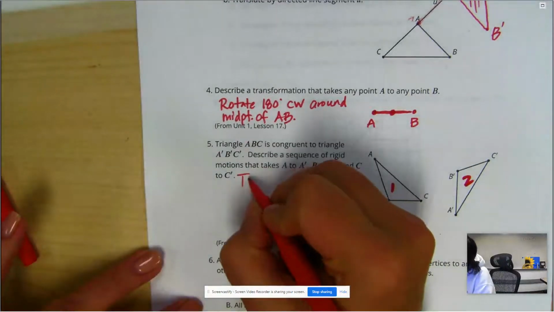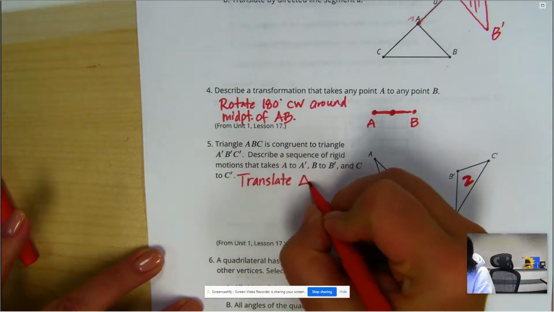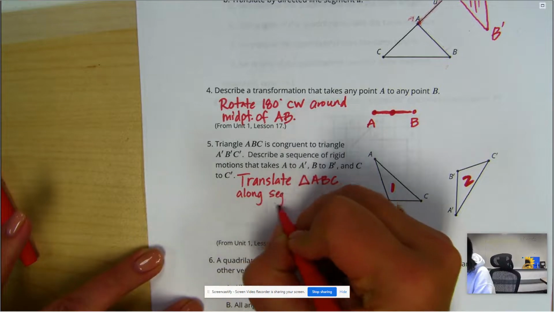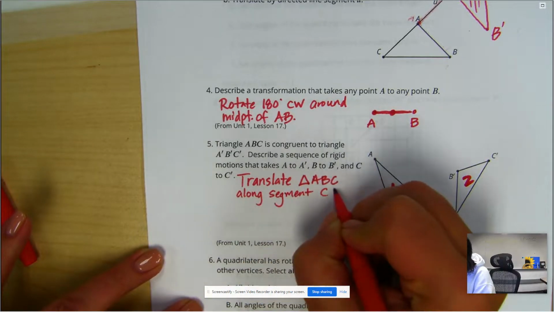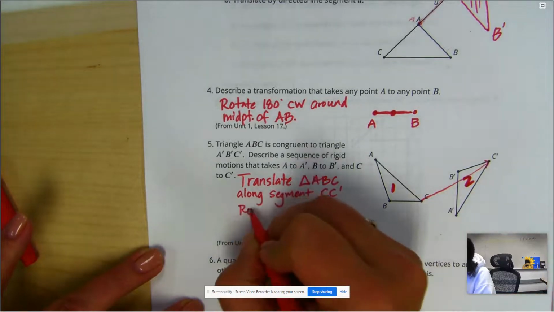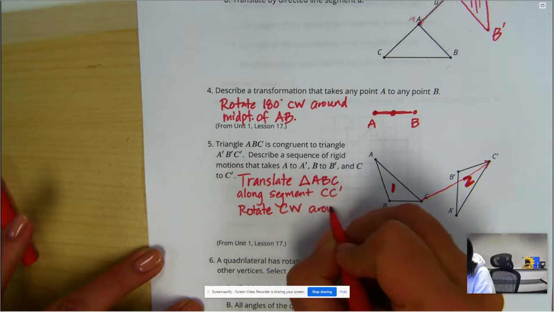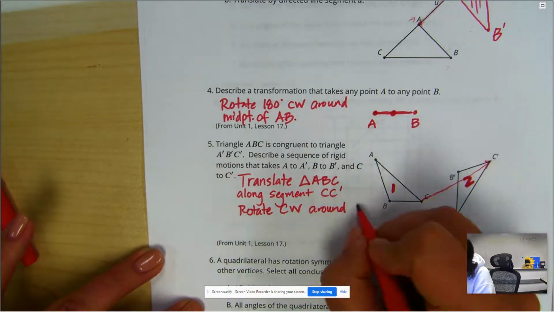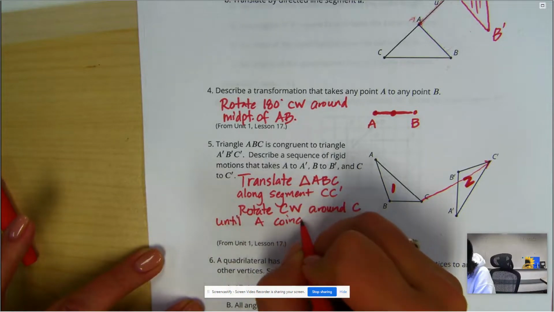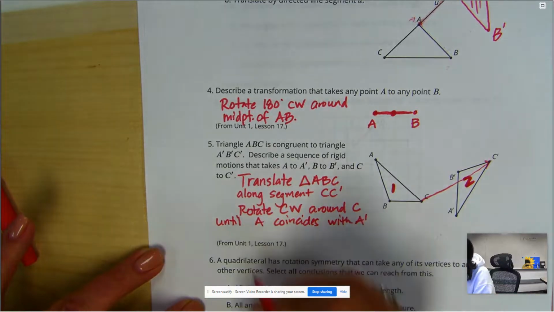So translate triangle ABC along segment CC prime. That was this first move. Then I rotated. I went clockwise around C until A coincides with A prime.